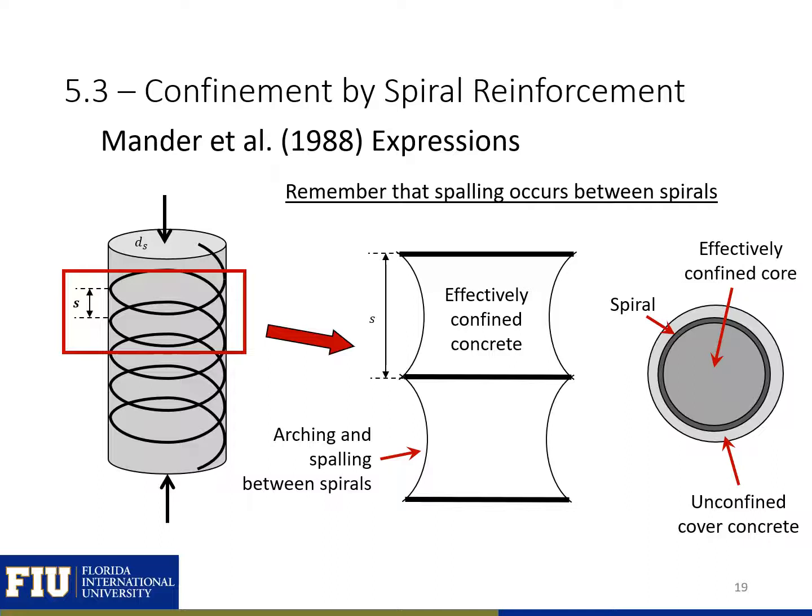You can also see highlighted here our reinforced concrete column with the unconfined cover concrete, and this concrete will spall off when our confinement starts. So then we'll just be left with our effectively confined core contained within our spirals.